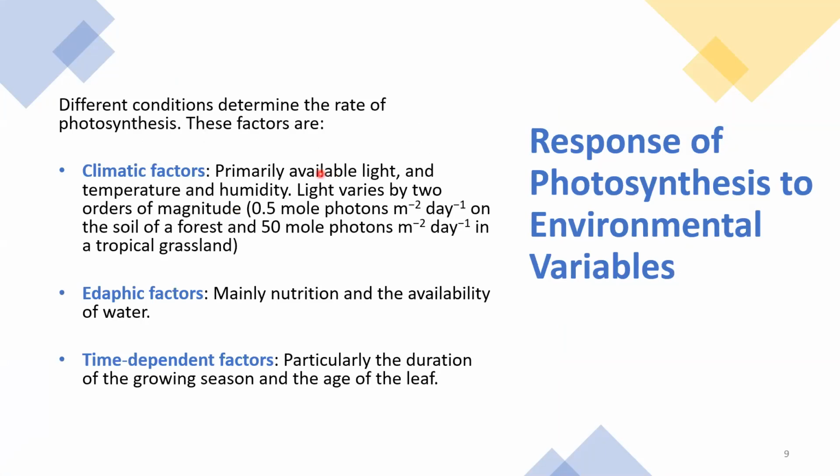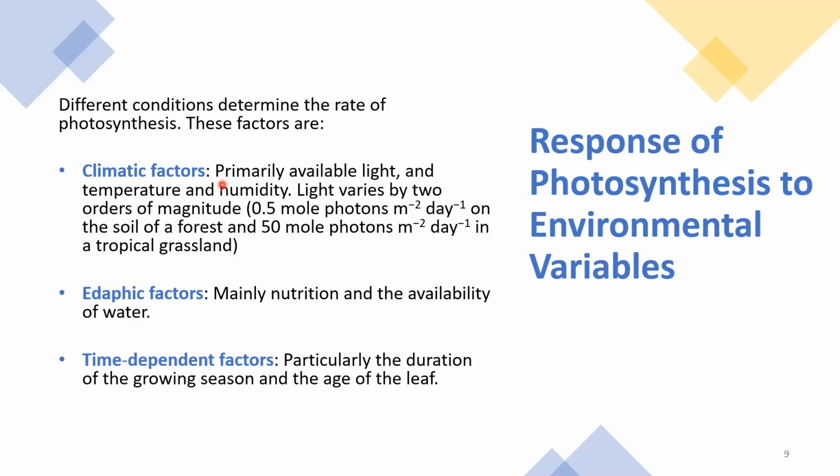If we intervene in that process, then we must know how photosynthesis responds. For example, the climatic factors: the light, the temperature, humidity. They have a great effect. The light intensity has a great effect on the photosynthesis, because the light is playing a major role to capture the carbon dioxide.